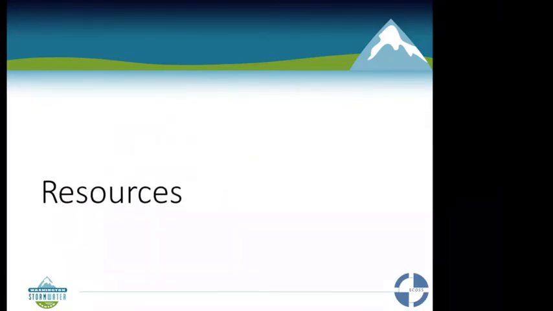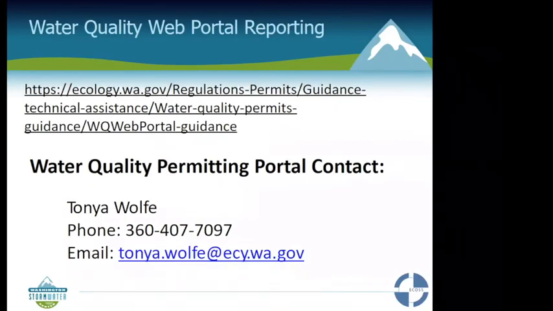Okay, all right, so let's talk a little bit about the resources that we have for you. The water quality web portal that Tanya Wolf at Ecology, God forbid that woman ever retire, because she is a wealth of knowledge. If you don't have the permit and you need it, she can help walk you through how to get the permit.